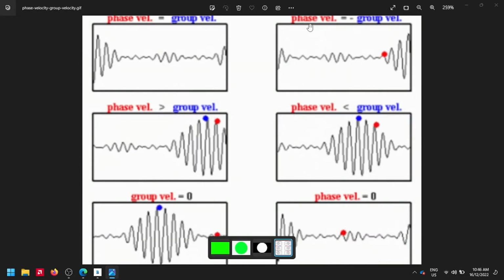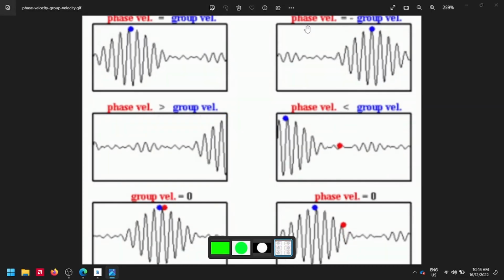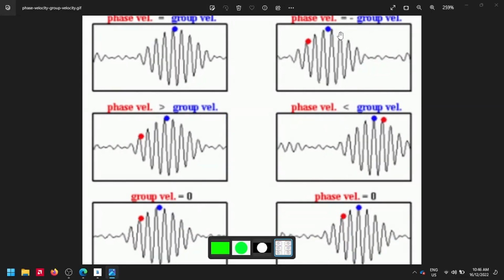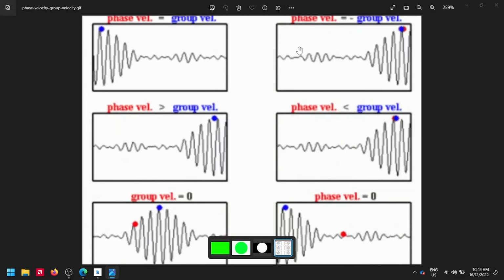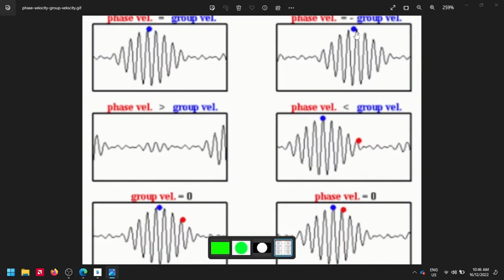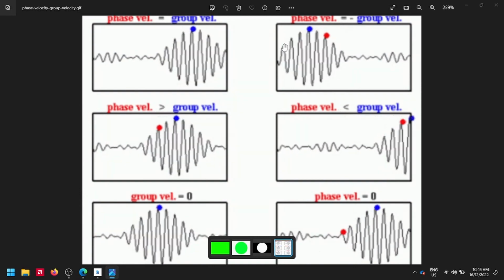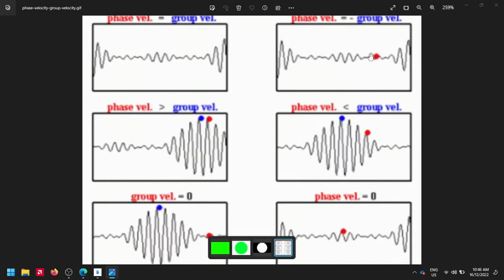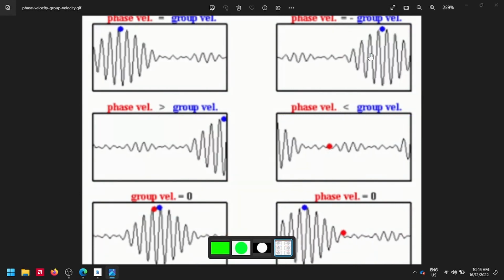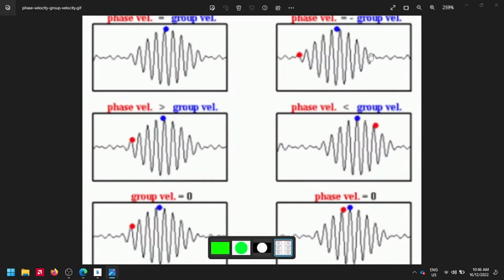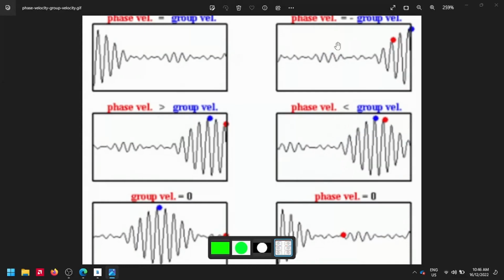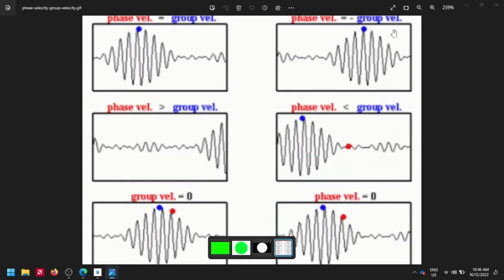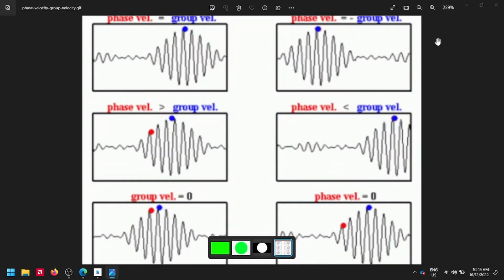But now I have my phase on the right hand side, I have my phase velocity, which is moving in the opposite direction with the group velocity. So you can see that the peak is moving towards the left hand side, but the group is moving towards, it is quite confusing. The group is moving towards the left hand side, but the peaks are moving towards the right hand side.